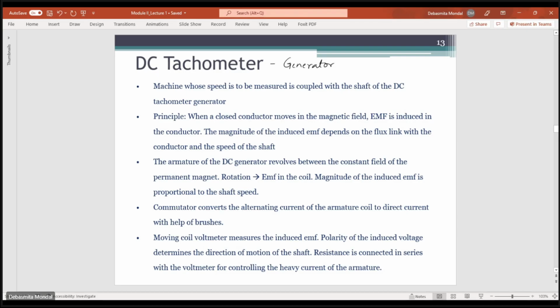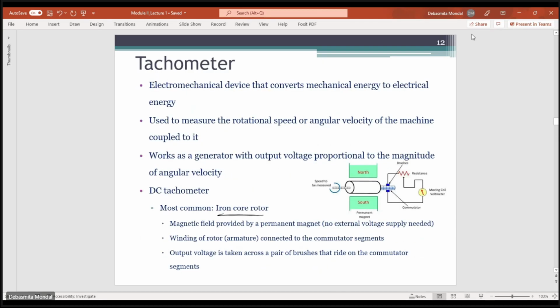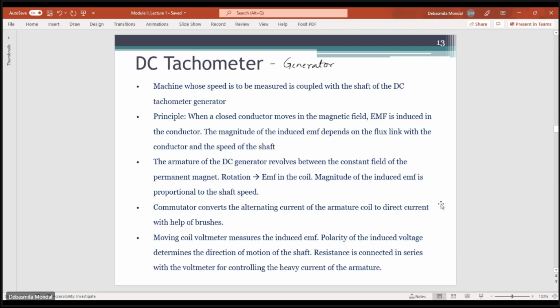Now in this circuit, you see that there is also a resistance. The output is not directly connected to the voltmeter. So why are we using a resistance? Sometimes the current or signal coming from the armature is very high, which means the voltage value will also be very high.